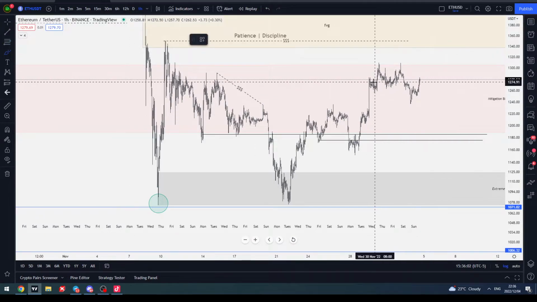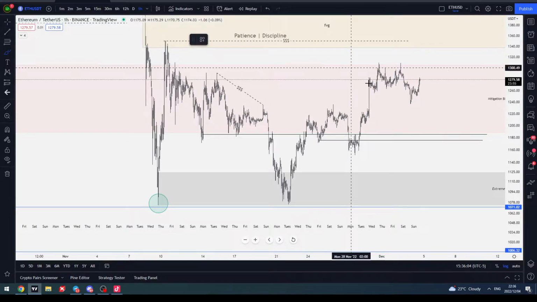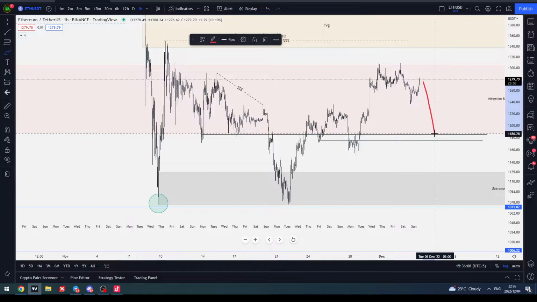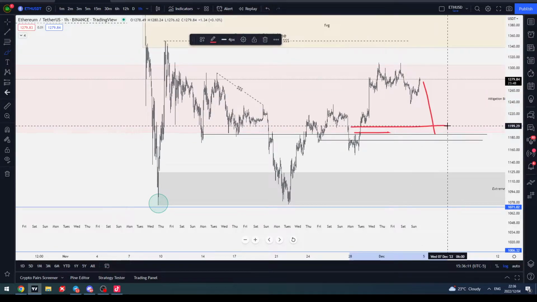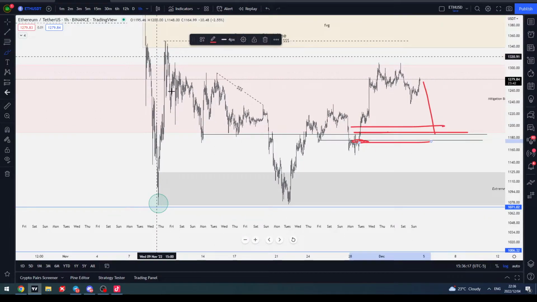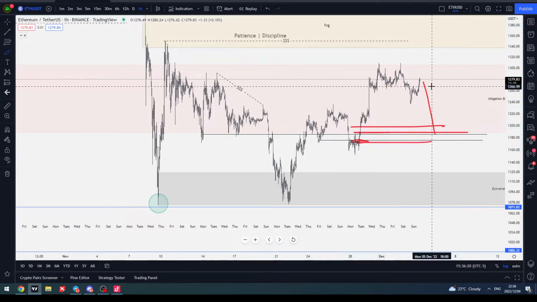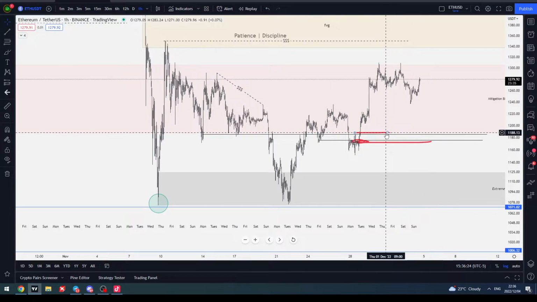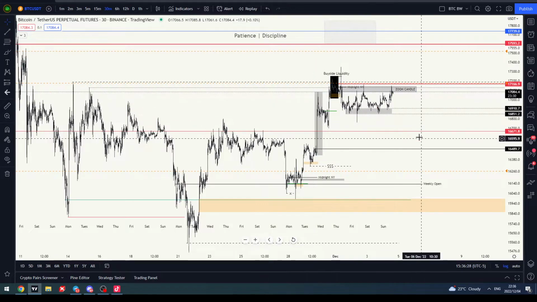Having said that, if we are looking for retracement because our expectancy is higher and more bullish, then retracements seek out imbalance, and we can see there's some imbalance in here. There may be a tiny one in here from the looks of it. We can check that out. But this is the sort of move that we're looking for. Right, so that's Ethereum. Play these accordingly. If the retracement comes, we'd be looking for buys, just like we are looking for buys on BTC, to a similar place structurally. We look for the same on Ethereum.